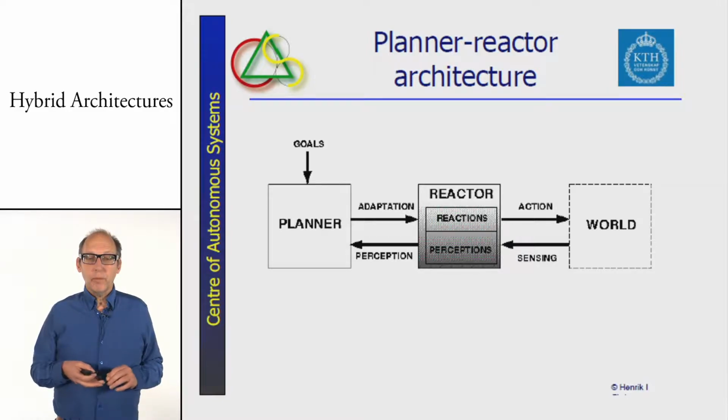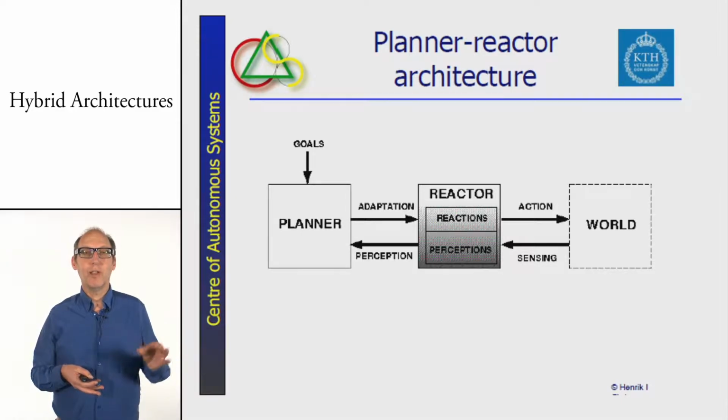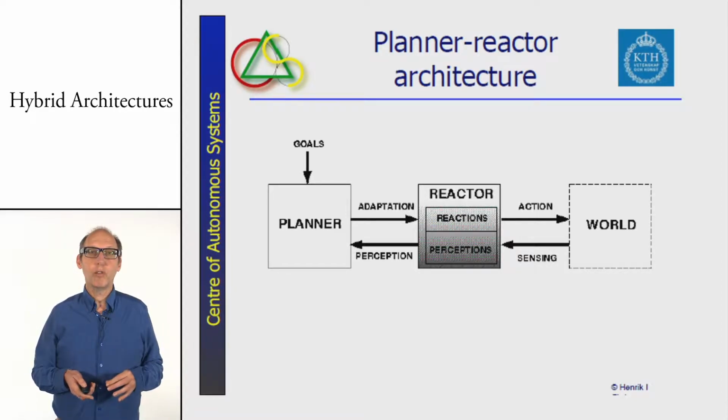So here you see that those two are directly coupled, and the nice thing is that the reactor is talking to the planner with perception, and you have a lot of information on how well you are doing, so information on the meta level. Based on that, if you see that an object is starting to drop out of the gripper, then you can start to add some extra force to it.